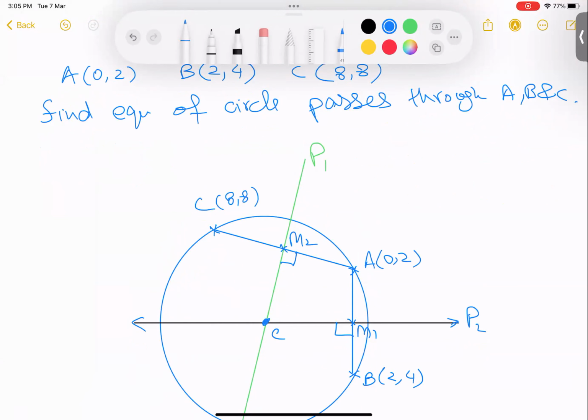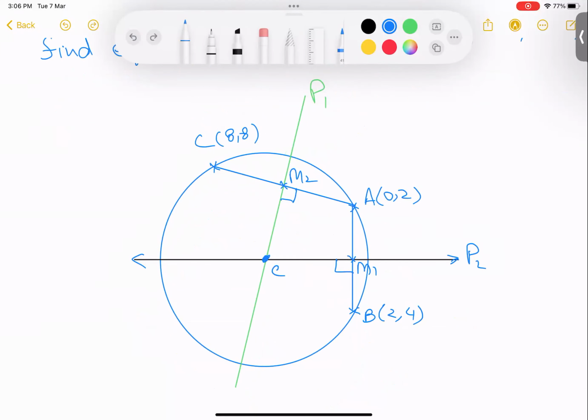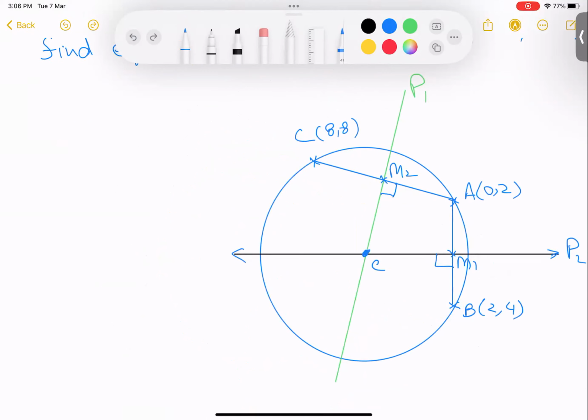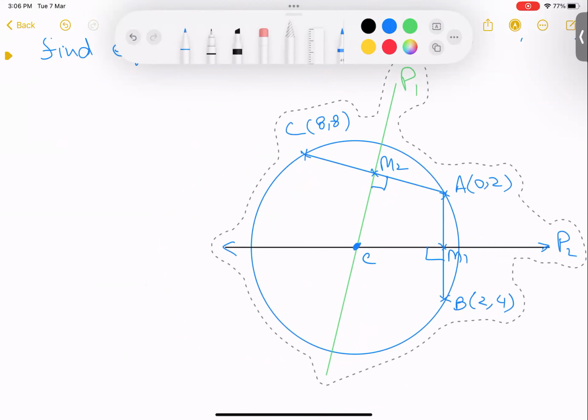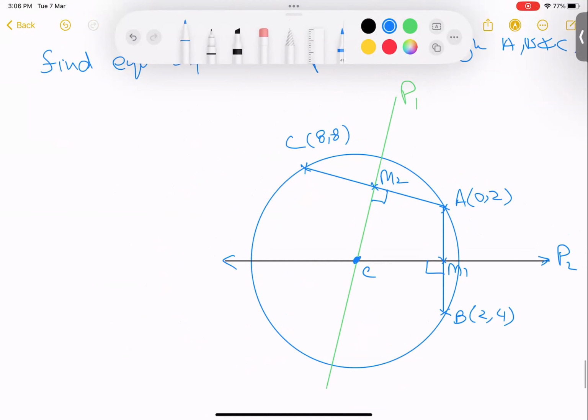First of all, I will do it step by step. I wrote the A coordinate here, the B coordinate here, and the C coordinate from here. It is a really lengthy question, but I believe if you listen to me carefully, it will become easy for you. Concentrate fully. The solution starts from here.